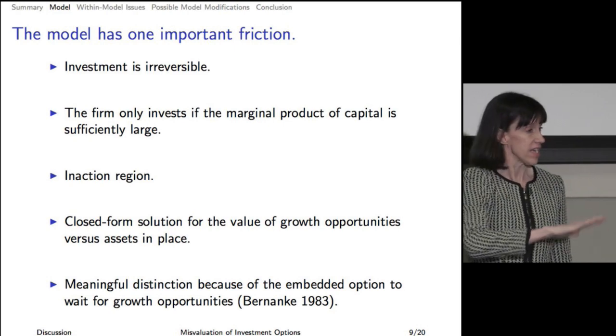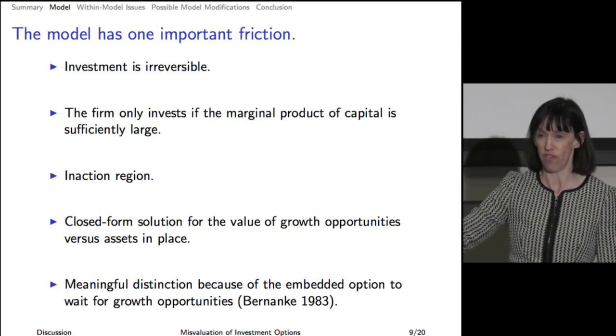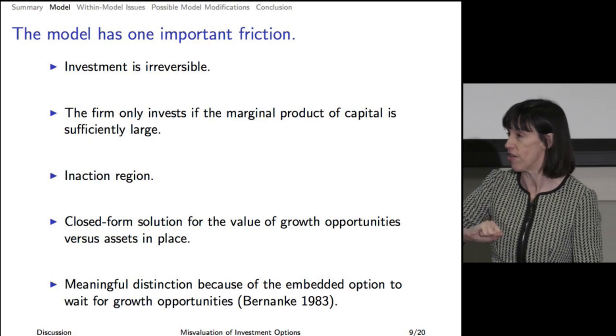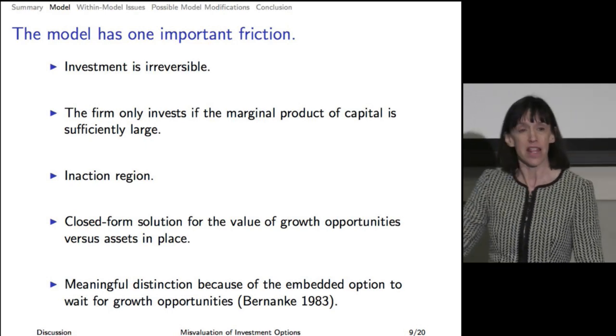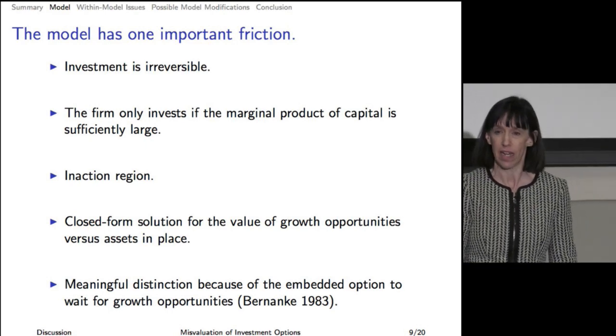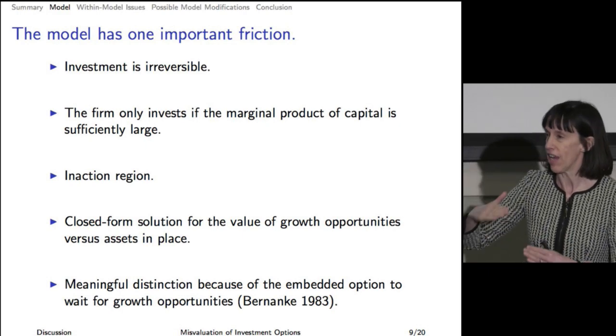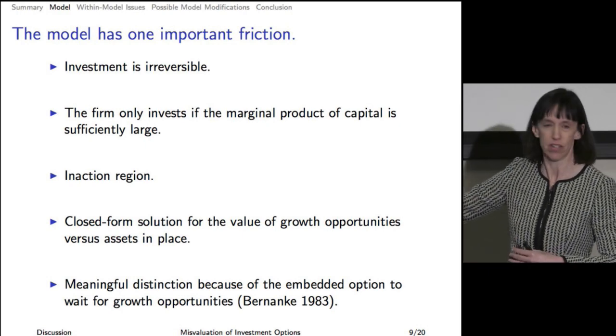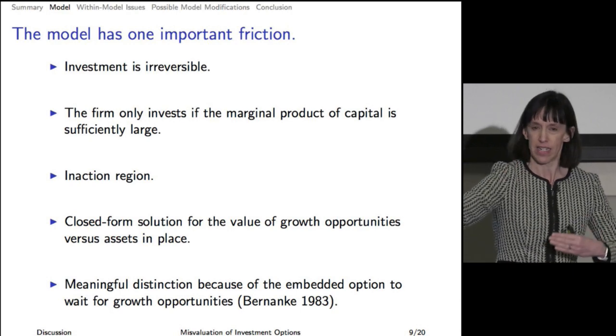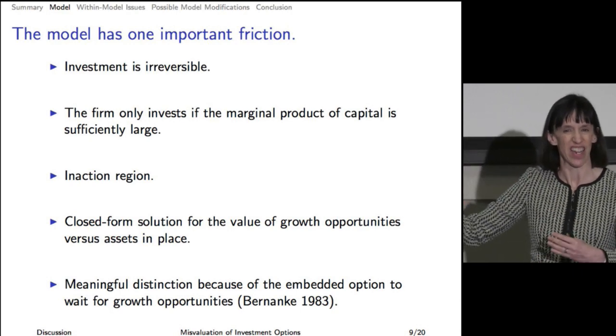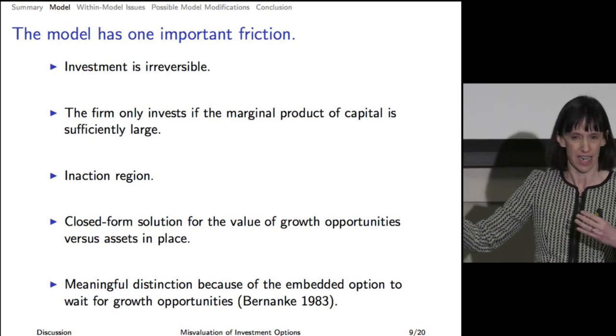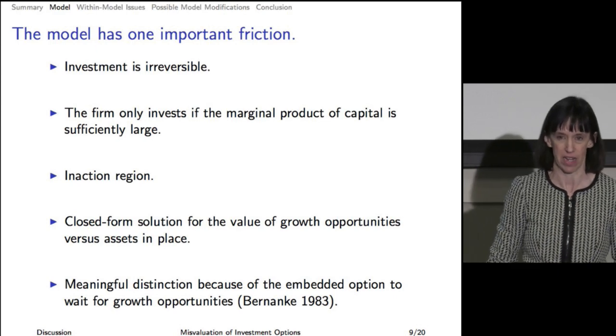They very nicely get a closed-form solution for the value of growth opportunities versus the value of assets in place. And the distinction is meaningful because of this optionality of waiting to invest. So that's where this idea of growth options having some sort of differentness comes from. It's from the irreversibility in the model.